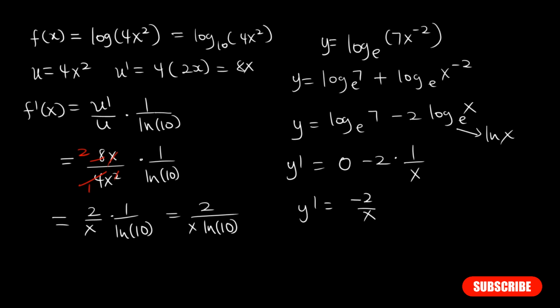Okay guys, let's try our hands on the last example. So we have f of x equal to log base 5 of x multiplying e to the power x. I have to find the derivative of this function.